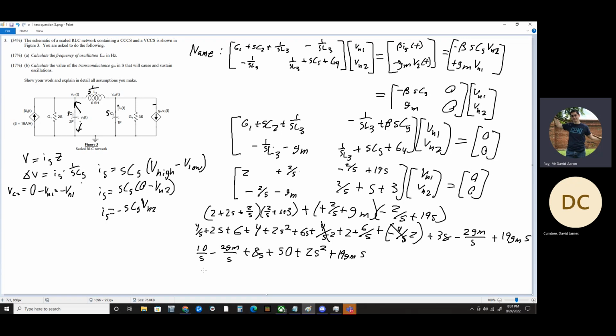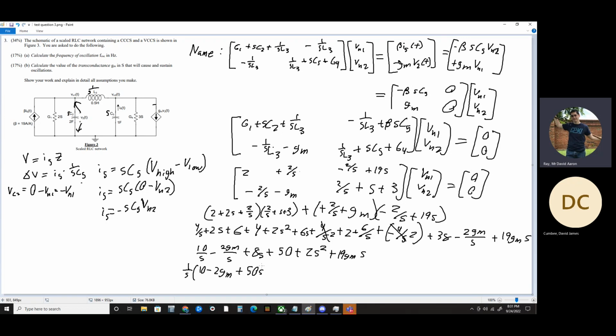And what you can do is you can factor this out. You can do 1 over S times 10 minus 2 GM plus, let's do 50 here, so it's going to be 50S.